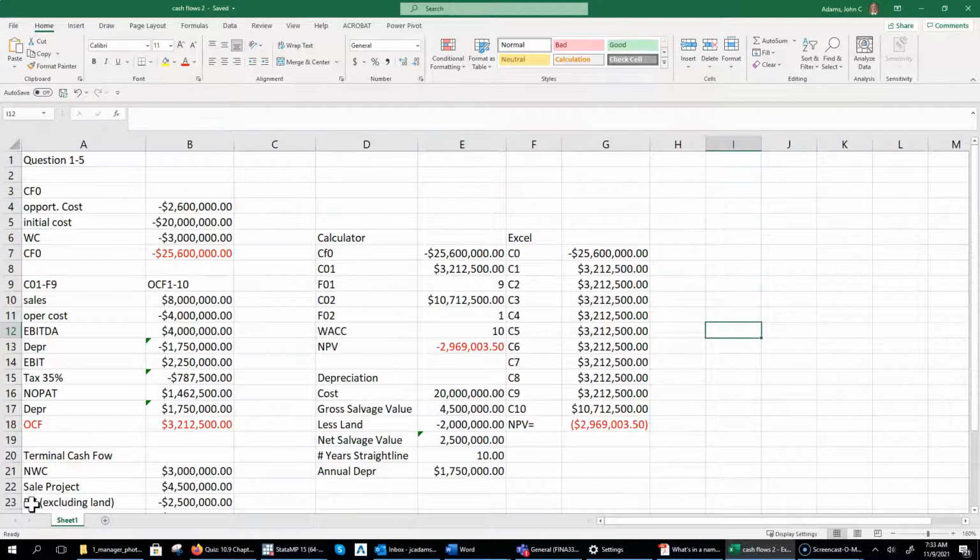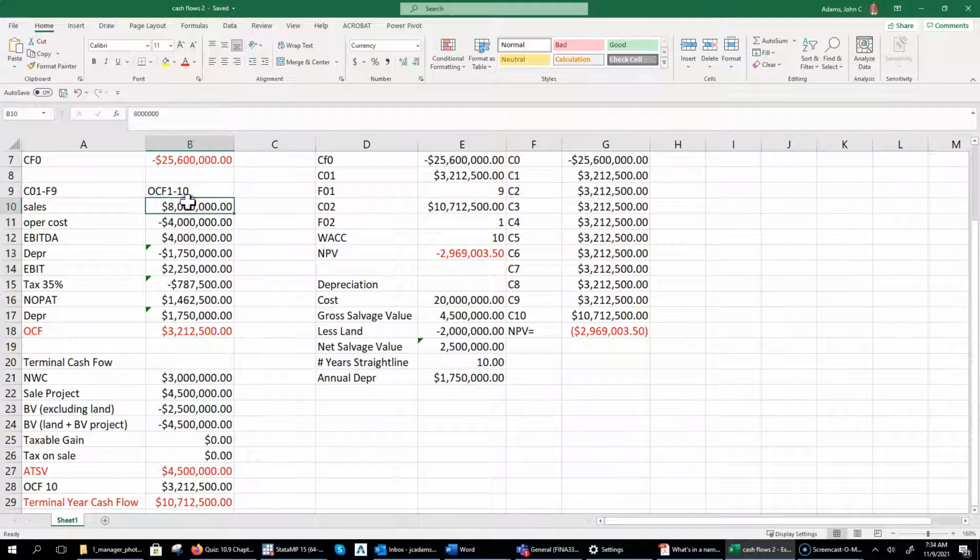And then we have that working capital investment, which, let me just click on that real quick, is the investment in inventory plus the investment in accounts receivable less the accounts payable, because our vendors are kind of financing some of this for us, right? That gives us a total cash flow at time zero of negative $25,600,000.